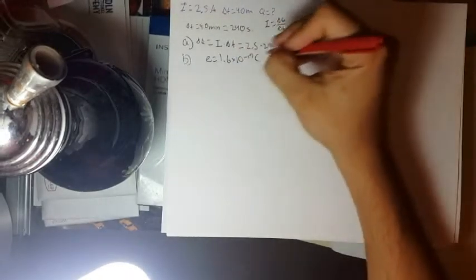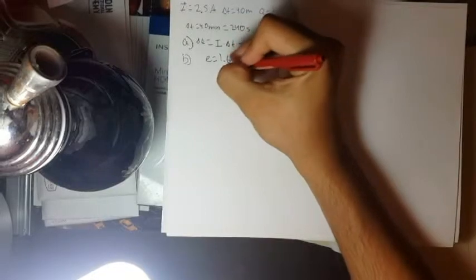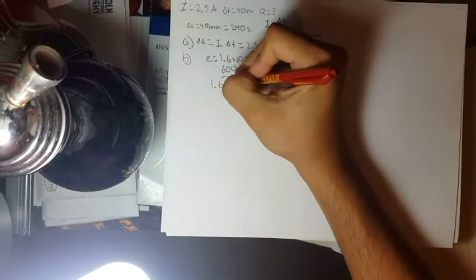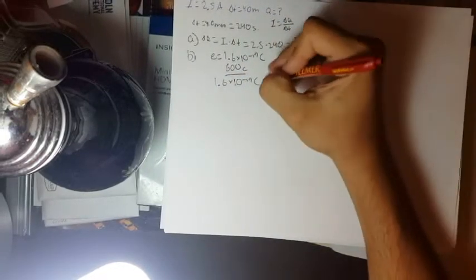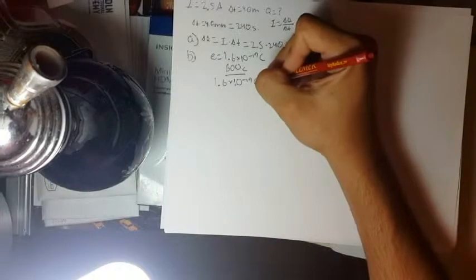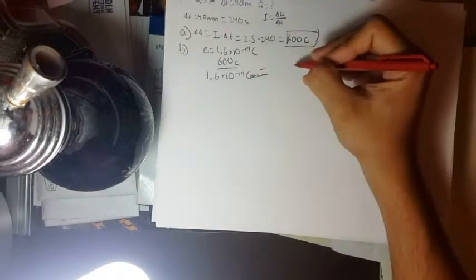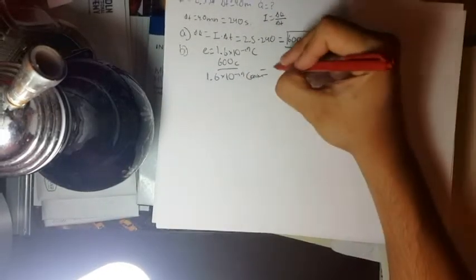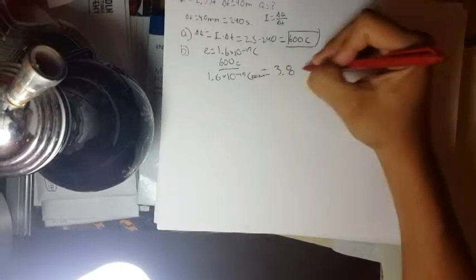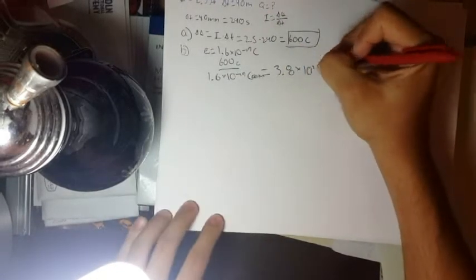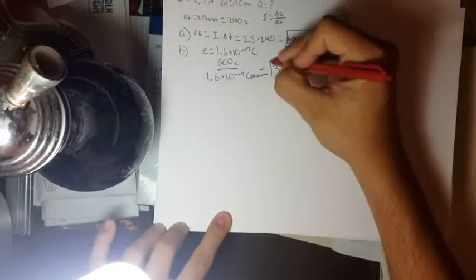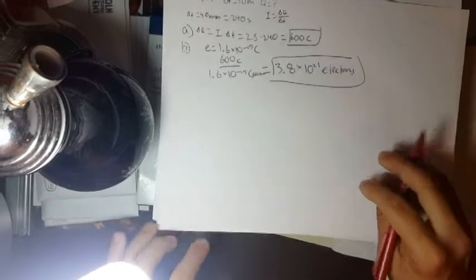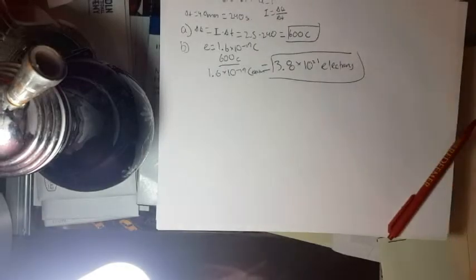And therefore, we're just going to divide the charge, which is 600 coulombs, by 1.6 times 10 to the negative 19 coulombs, which is the charge of an electron. And this is going to give us the number of electrons, which is 3.8 times 10 to the 21 electrons. And that, as simple as that, we have solved example 1.